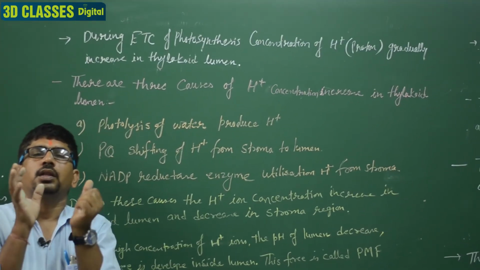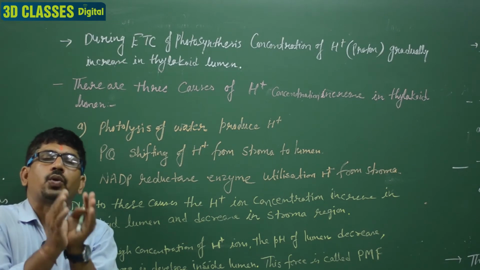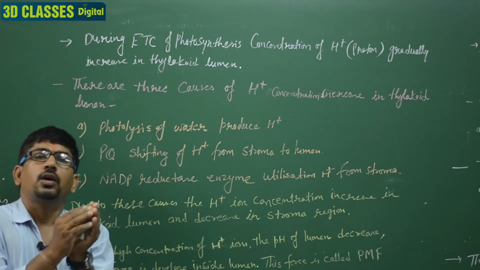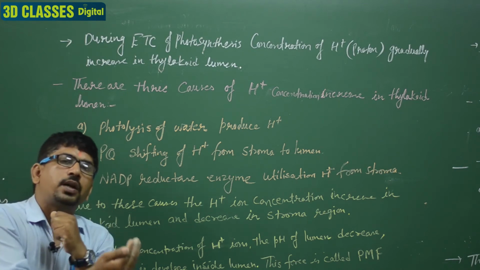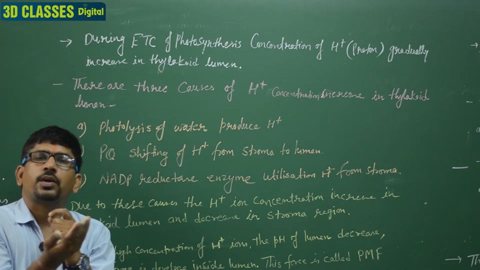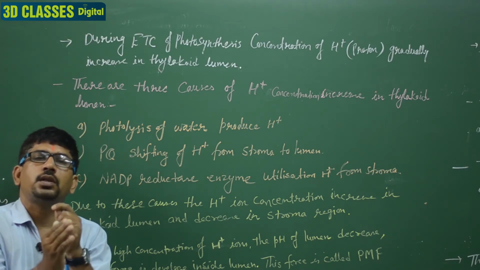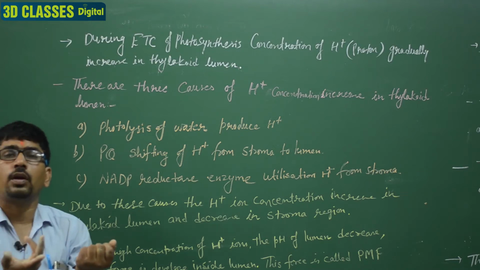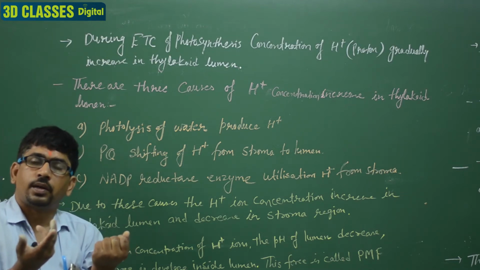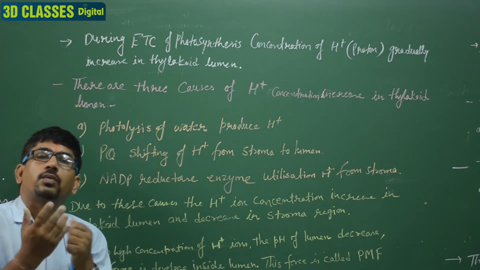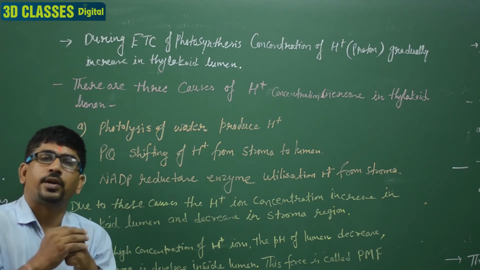It means the number of protons increases inside the thylakoid. Outside the thylakoid, in the stroma region, there is proton deficiency, and inside the thylakoid there is proton enhancement. That is the result: the formation of the proton gradient. Clear?